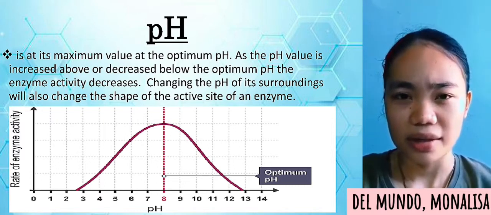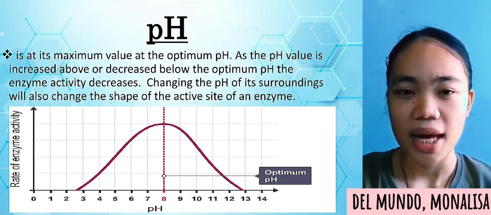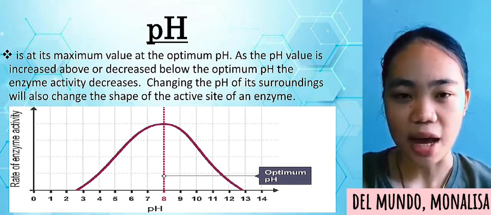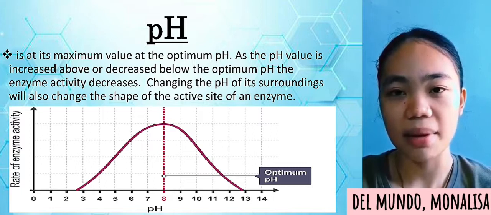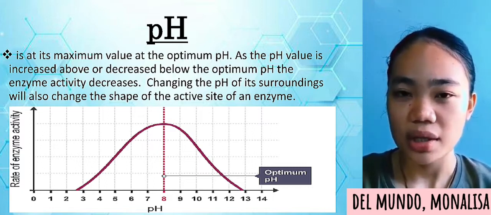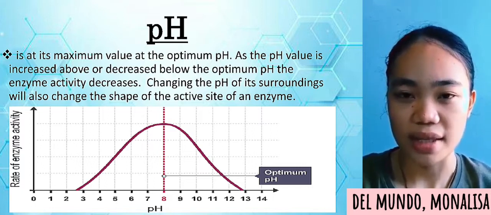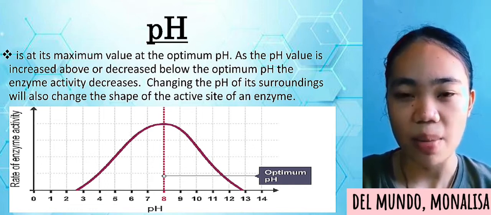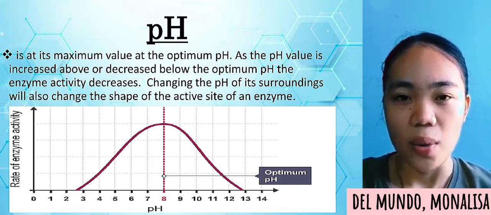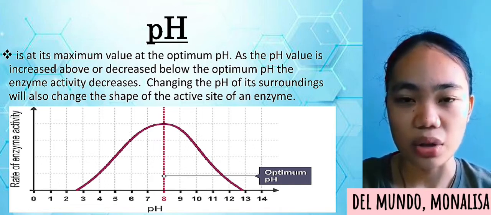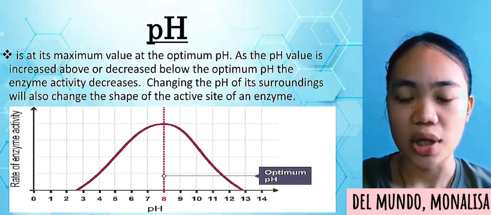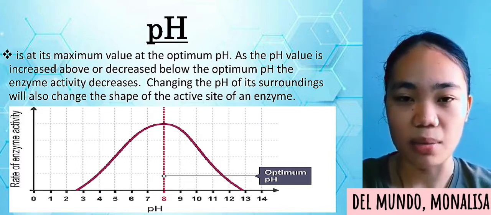pH affects enzyme activity. The structure of the enzyme has a great influence on the activity of the enzyme. In other words, changes in the structure of the enzyme affect the rate of chemical reactions. When the pH value of the reaction medium changes, the shape and structure of the enzyme will change.